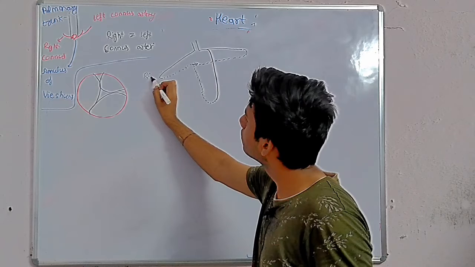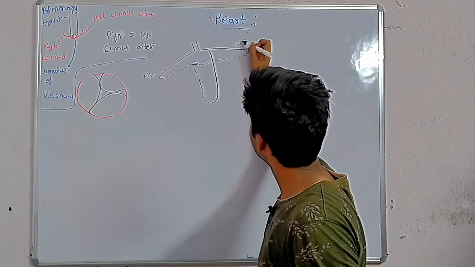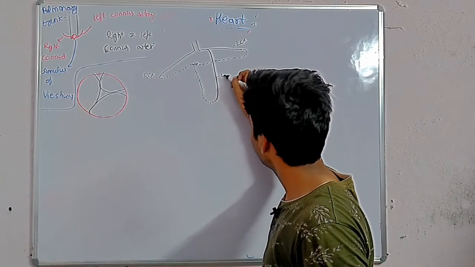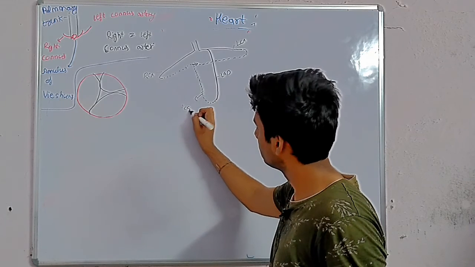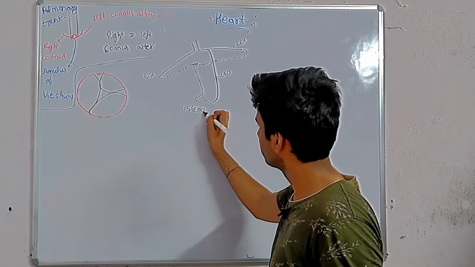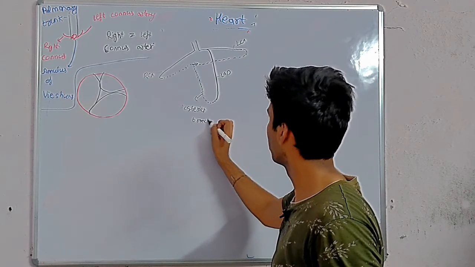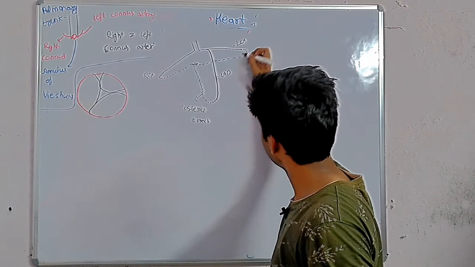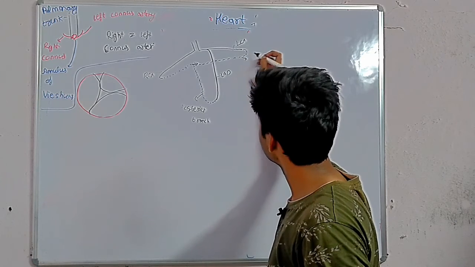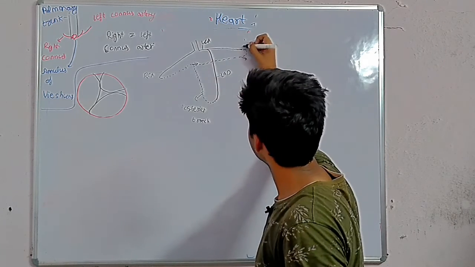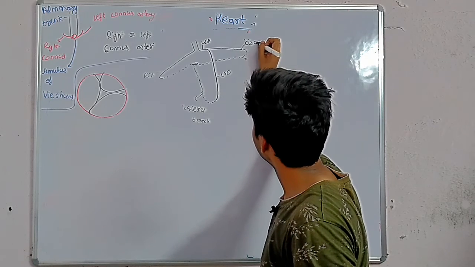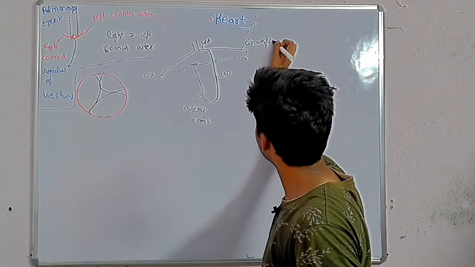RCA, LCA, LAD, posterior descending interventricular artery. Then LAD, and this is LCA, this is the circumflex.